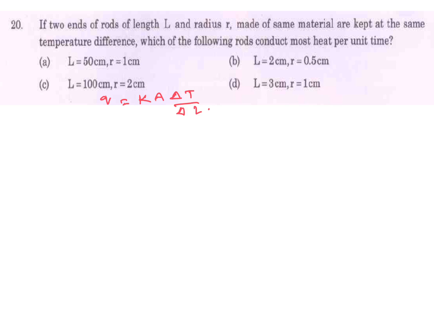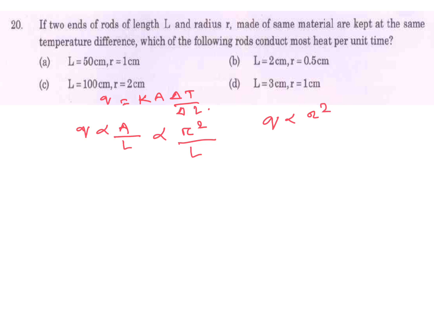Q is proportional to A by L. Area is pi R square, so Q is proportional to R square divided by L.